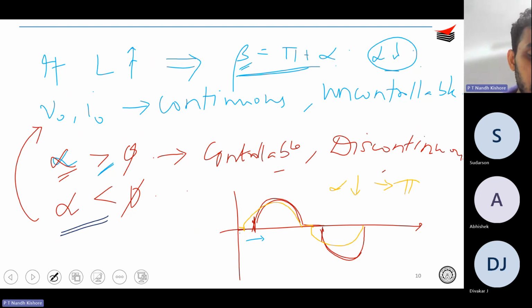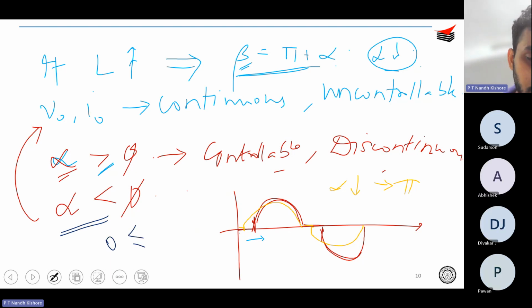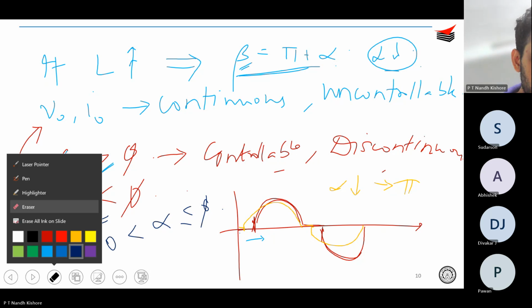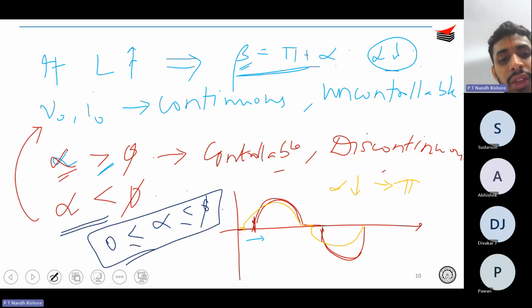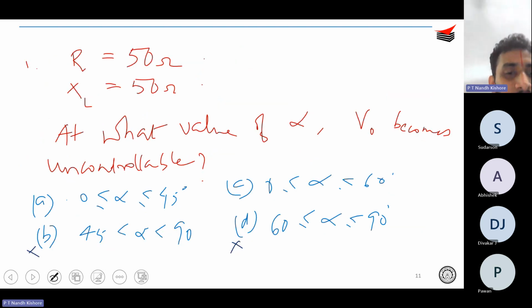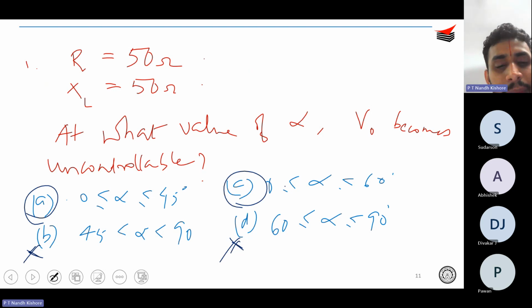That means that the uncontrollable range is between 0 to phi. Obviously your lower limit is 0. So this is one hack to find out the uncontrollable range. You cannot have options as B or D. It is either A or C.